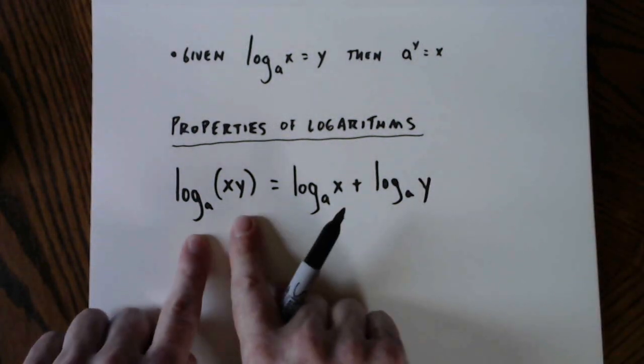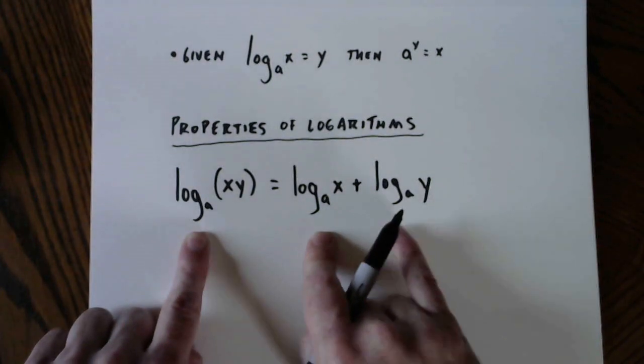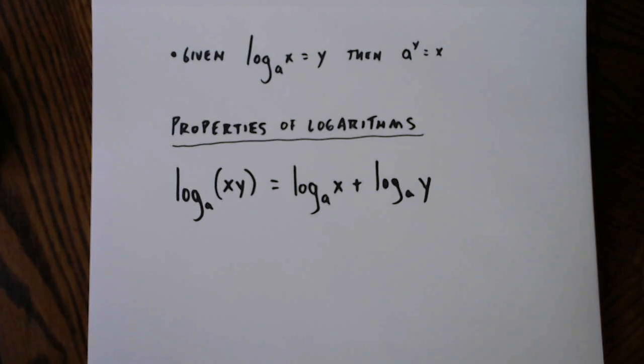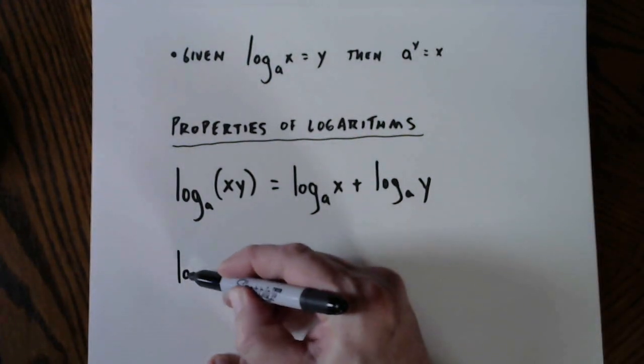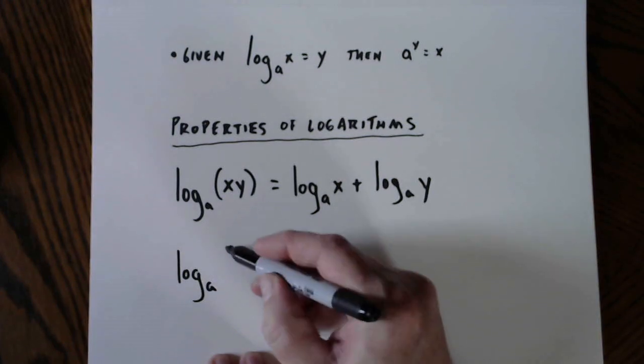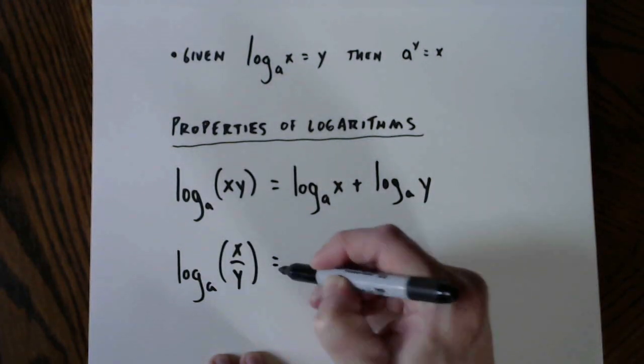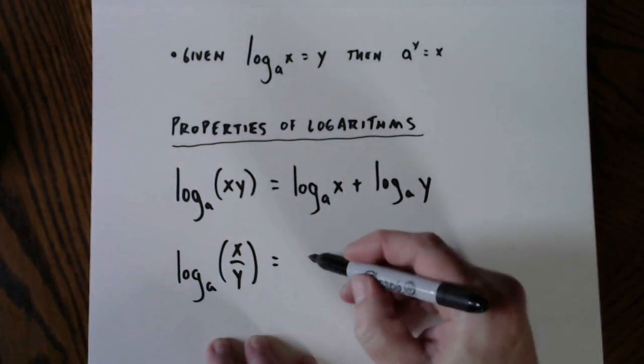So the logarithm of a product can be written as a sum of two logarithms. And notice the base has to be the same throughout. Otherwise, it's nonsense. Okay, and likewise, what happens when you got two things, common base with exponents, and you divide? You subtract them, right?